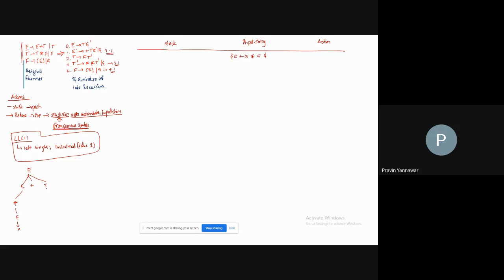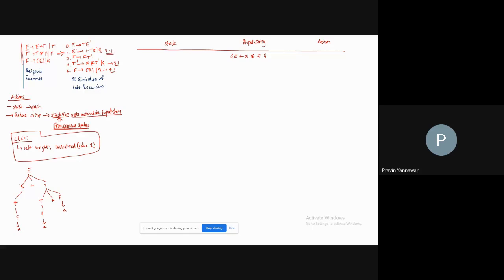This is plus, and T is T star F, T is F, F is a, and F is a. So actually this is going to form in this way.